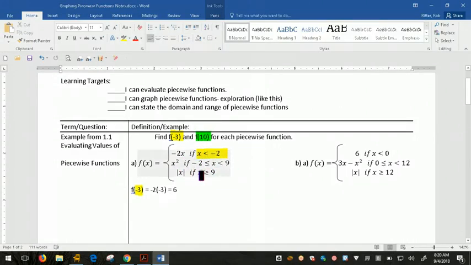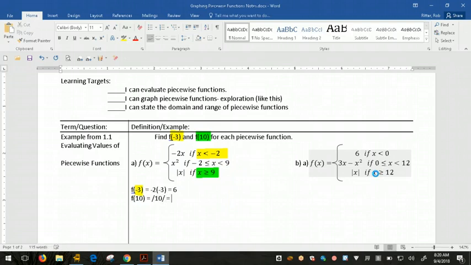The last piece of the function has a domain for x greater than 9. So when I go to do f of 10, I have to use the bottom piece, the absolute value of x. So it'll be the absolute value of 10, which is 10. So there's our answer for f of negative 3 and f of 10.